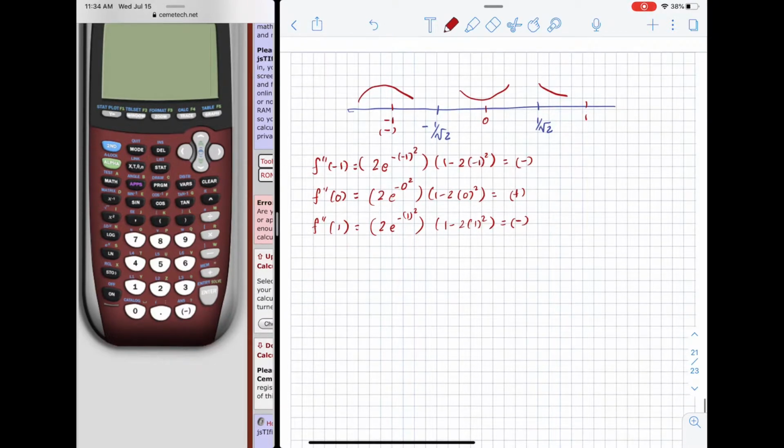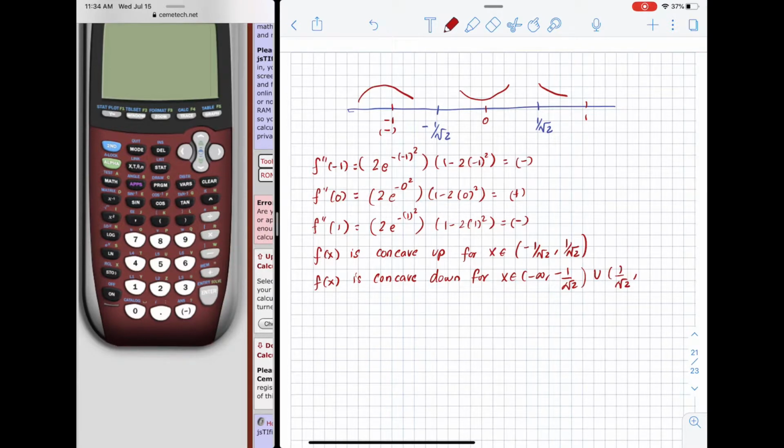So f of x is concave up for values of x between negative 1 over square root of 2 and 1 over square root of 2. f of x is concave down for x in negative infinity to negative 1 over square root of 2, union 1 over square root of 2 all the way up to infinity.